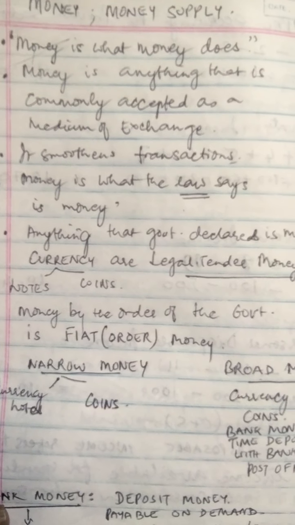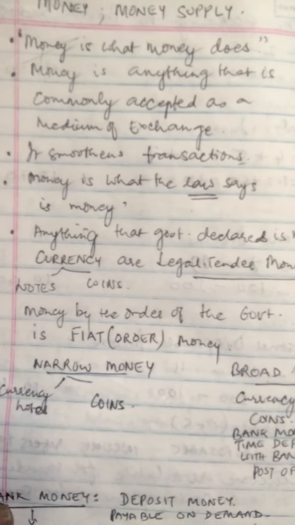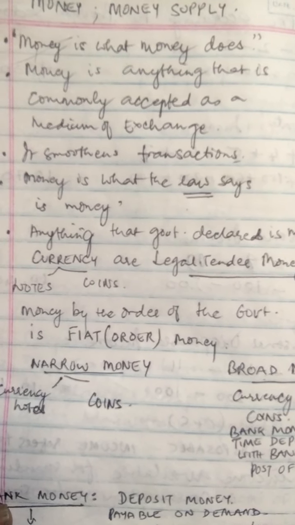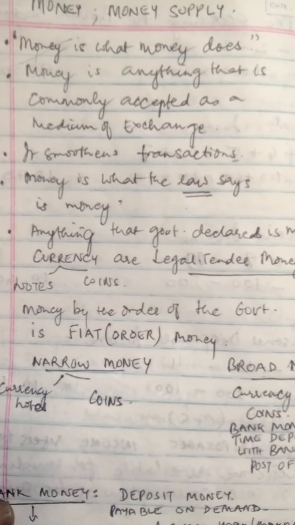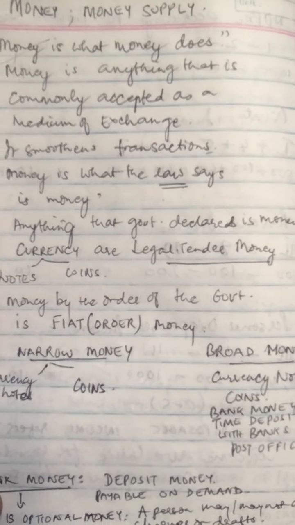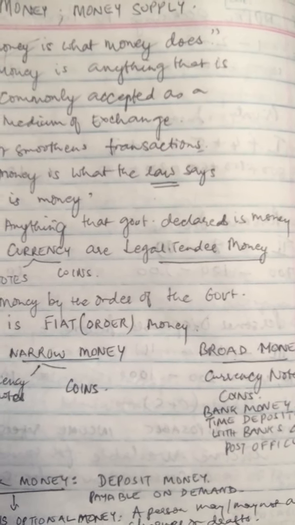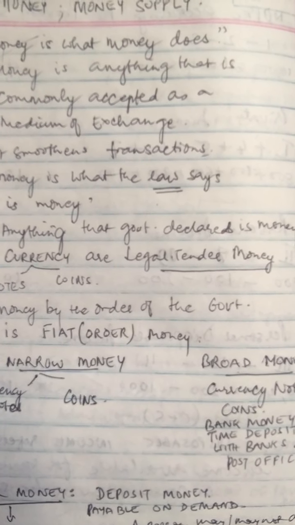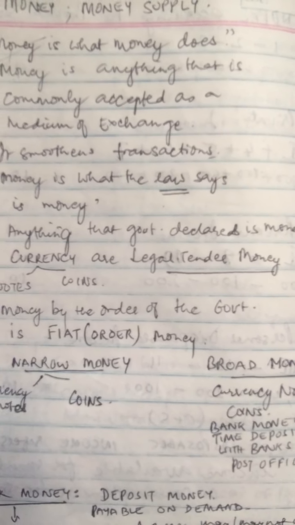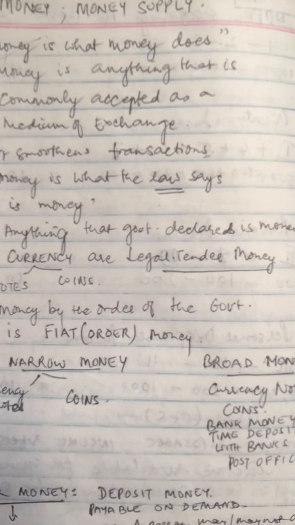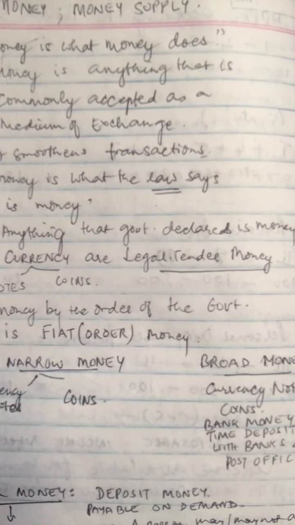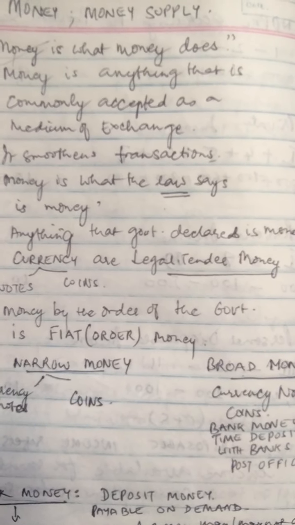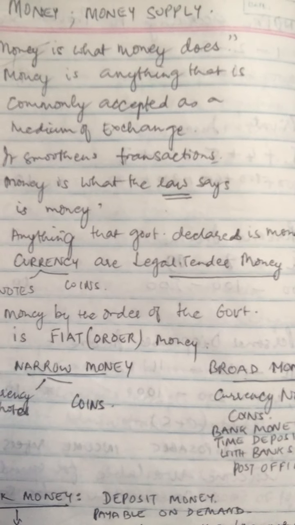In this, we have what are known as token coins. Like in India, we have 1 rupee, 2 rupee, 5 rupee, 10 rupee coins, and many others have come in, I believe. Then you have circulating promissory notes, like all the paper currency we see around: 5, 10, 20, 50, 100, 500, 2000 rupee notes.